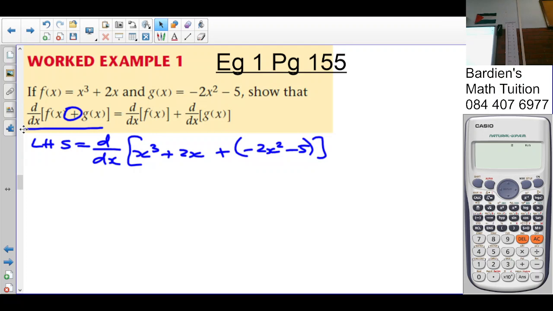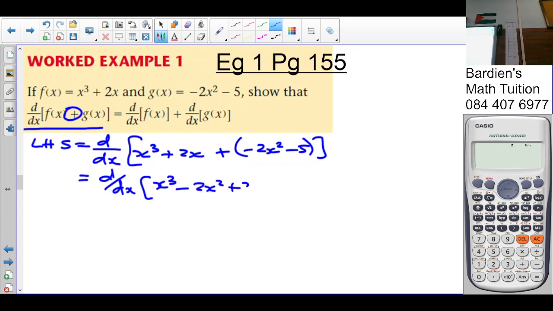So that gives us the derivative with respect to x of x cubed minus 2x squared plus 2x minus 5. Is that correct? Apply my derivative, what do I get? You're going to get 3x squared minus 4x plus 2. You all agree with that?